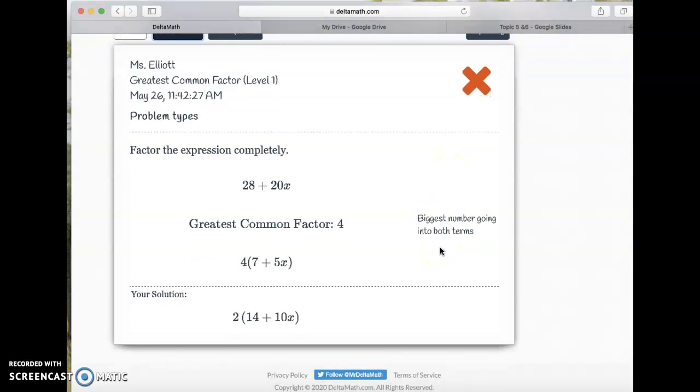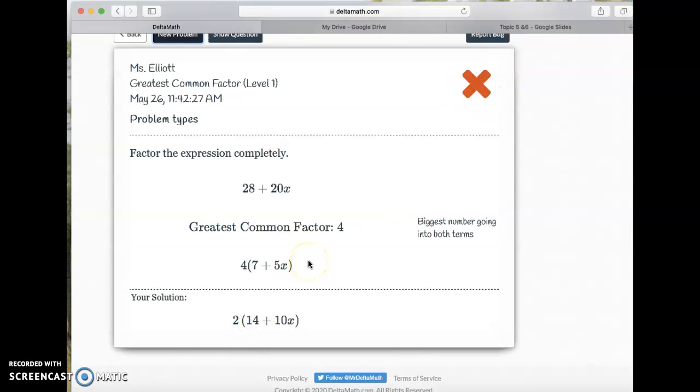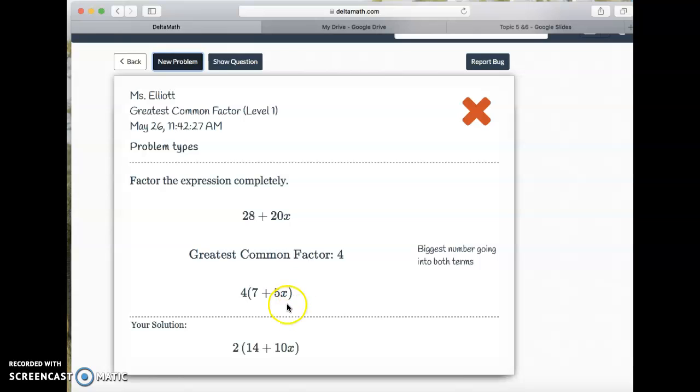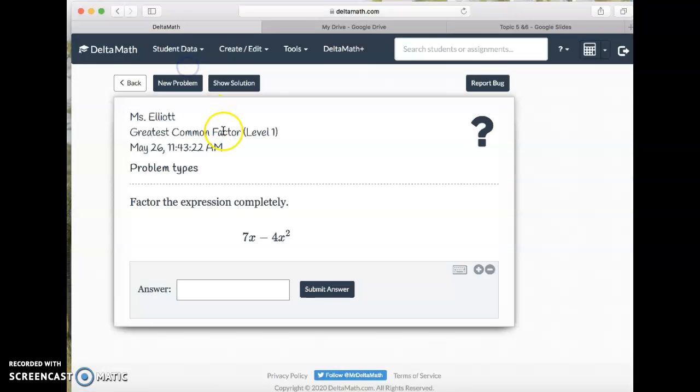Okay, let's see what I did wrong. Perfect. This is a good example of what you should be doing. Notice my mistake: 2 times 14, that's wrong because 4 is actually bigger. The greatest common factor is 4, not 2. That's why this is wrong. My error is that I didn't realize the greatest common factor was 4, not 2.